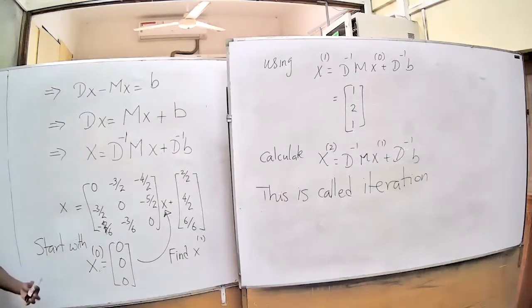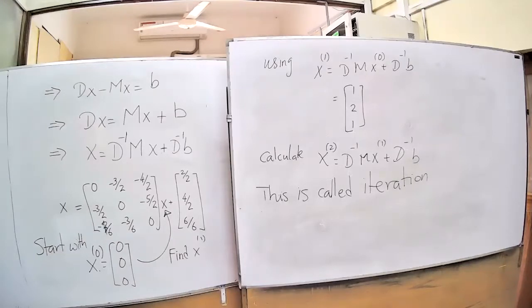So what you do is you substitute the previously calculated value and get a new value. Again, use that and get a new value. So in that way, you keep on calculating. Right?